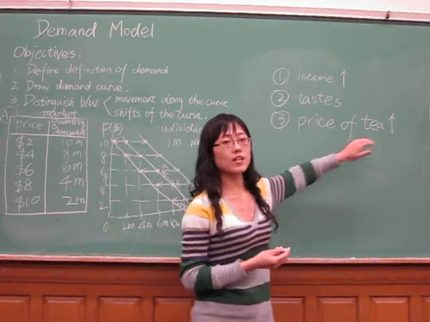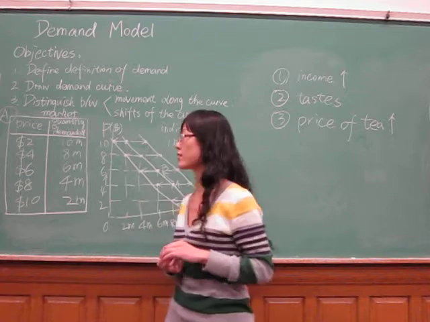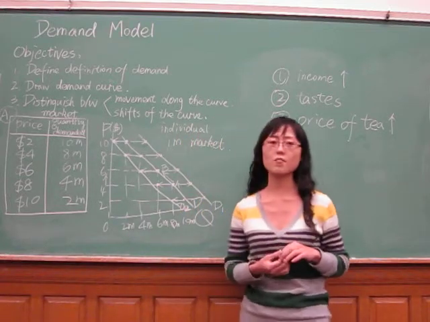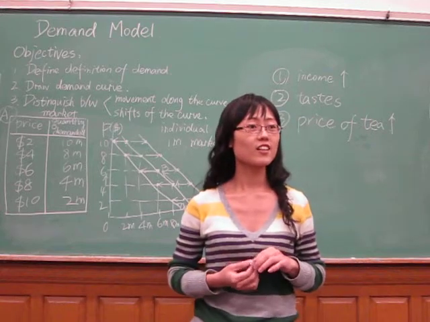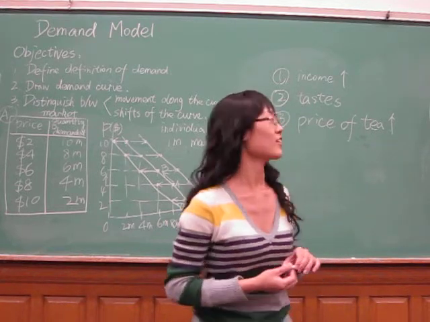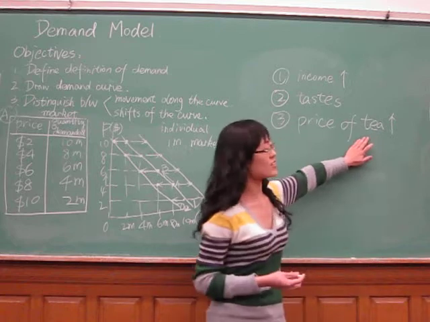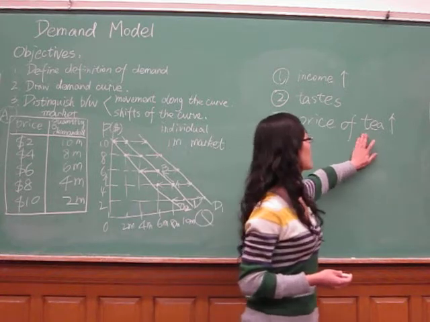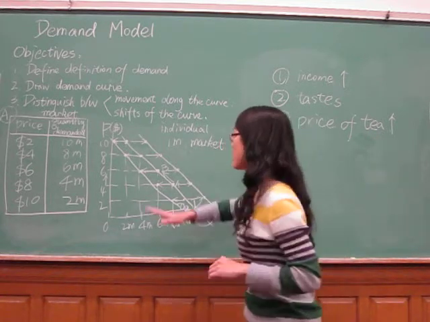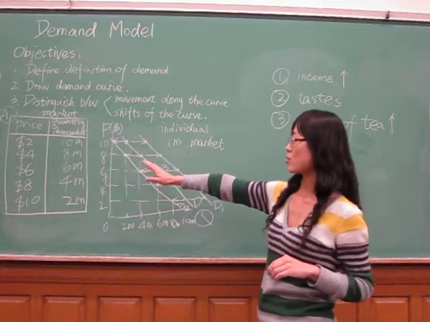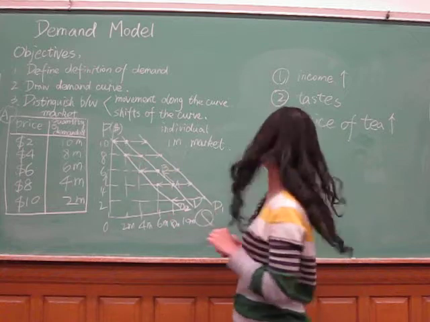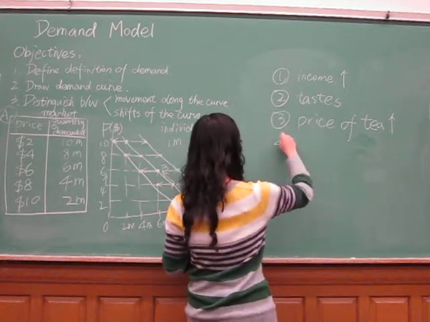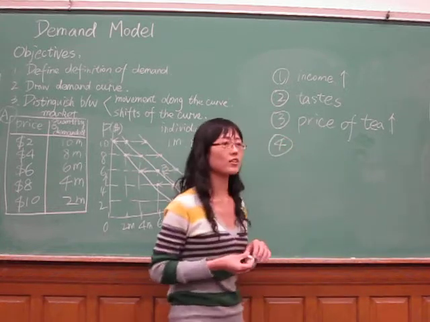But now the price of the tea is going up, and will they buy more coffee or less? They will buy more coffee. Okay, because the price of tea is going up, they are willing to buy more coffee, so the demand curve shifts to the right. They're willing to buy more coffee.